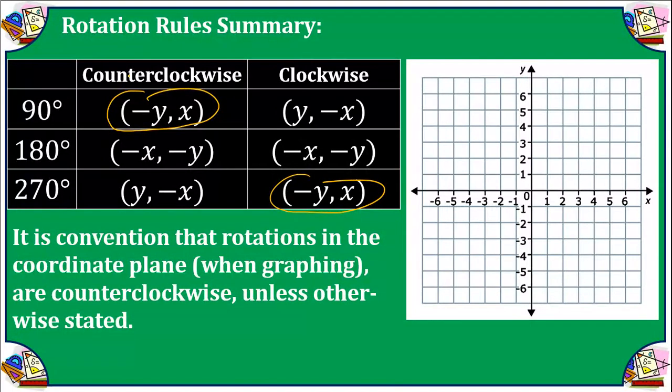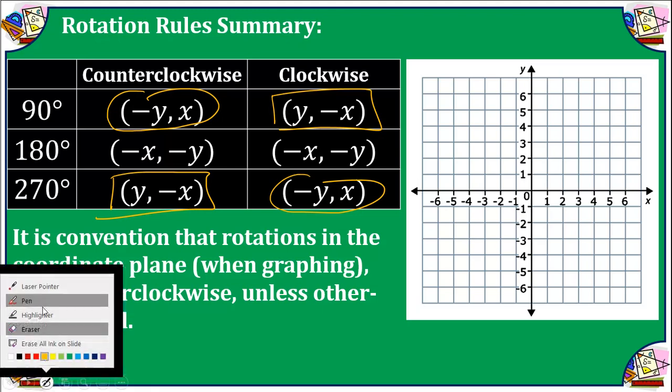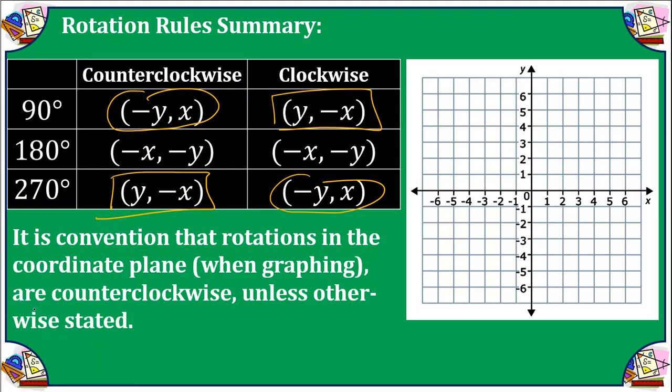If you're going counterclockwise 90 or clockwise 270, it is the same. As well as if we go counterclockwise 270, which is 3 quadrants around, it is the same as going clockwise 1 quadrant of 90 degrees. Now remember, we are going to stick with counterclockwise unless otherwise stated.